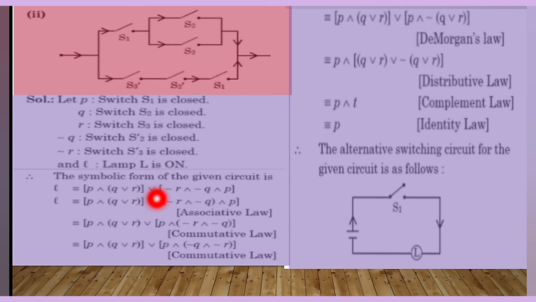Since we write or, second bracket negation R, this is negation R and negation Q, this is negation Q and S1 means P.